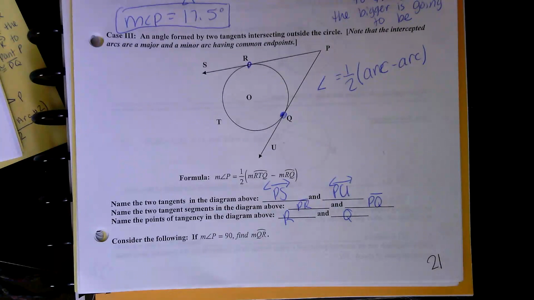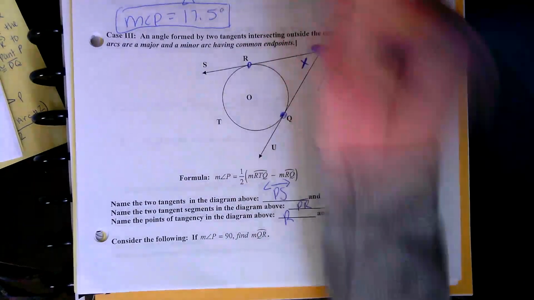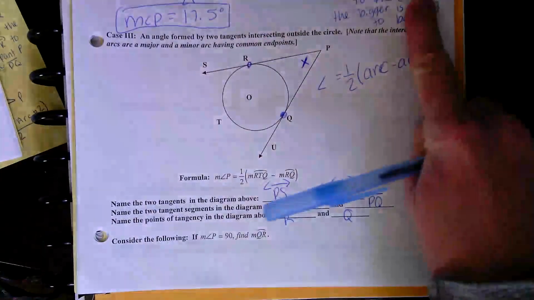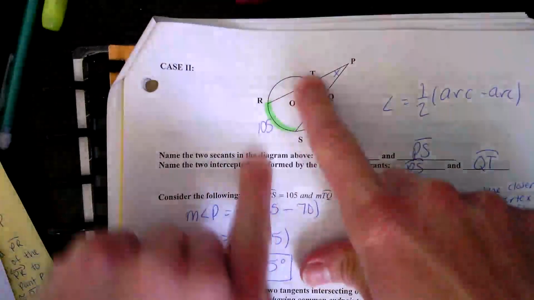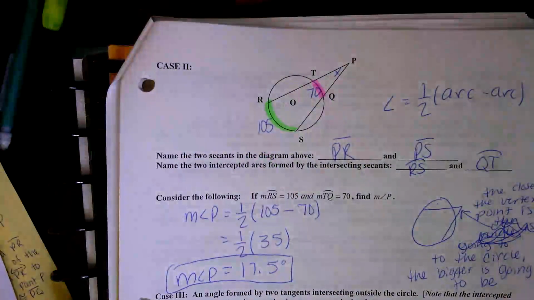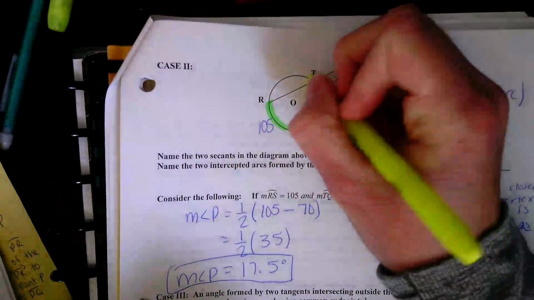Okay. So now we want to consider the following. If the measure of angle P is 90, we want to find the measure of arc QR. Okay. Now here's something that's different about this versus the other ones. Let's just take a look and think about this for a second. These are two intercepted arcs right here, right? QT and RS. But do you guys see how they're still like parts of the circle?